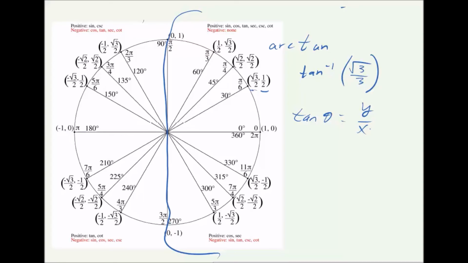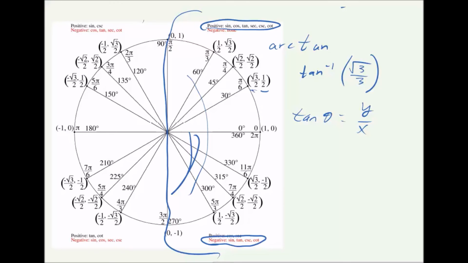So it's kind of up to us to figure out how in the world they got square root of 3 over 3, which of those angles it actually corresponds to. However, we have a few hints. We know it can't be down here in this area because in this area tangent is negative, so it has to be up here where tangent is positive.